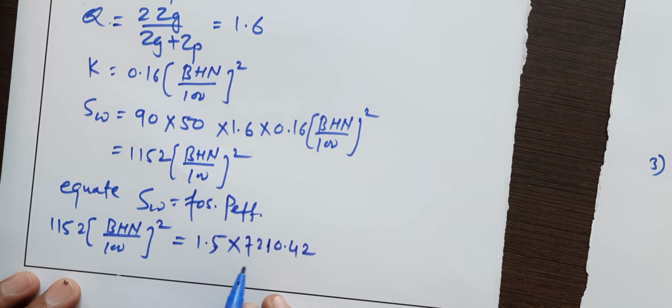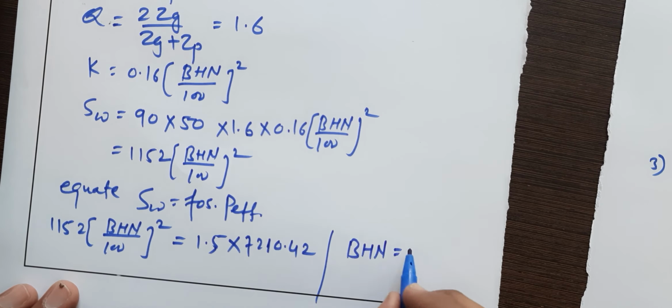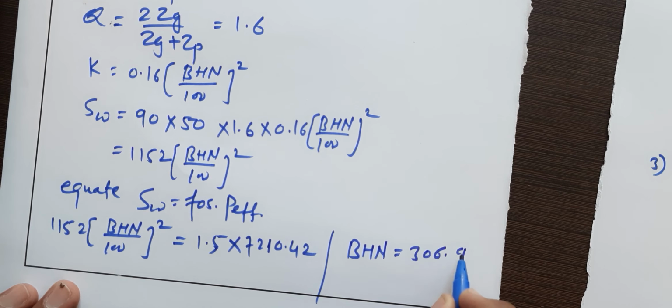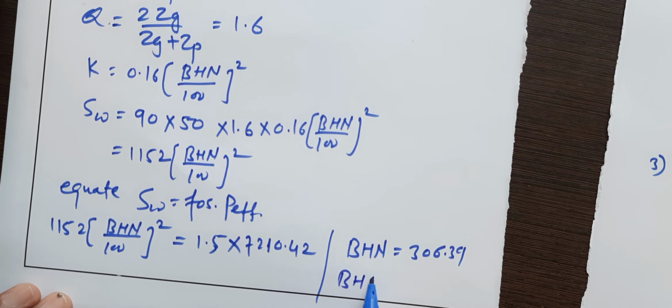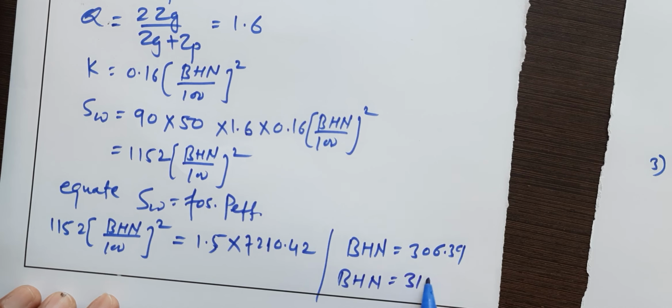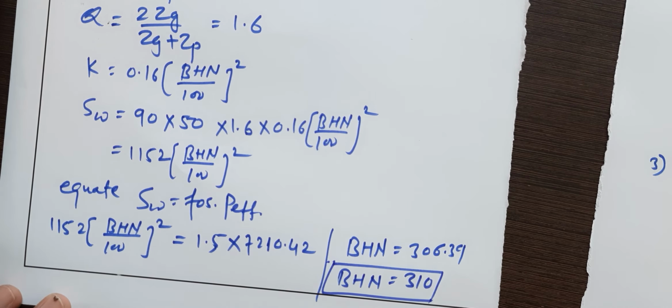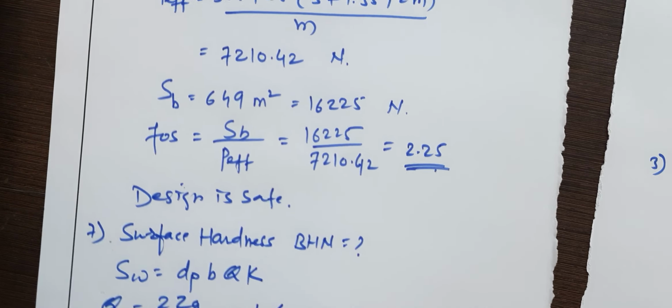Now if we solve it, you will get BHN as 306.39. So you can go for BHN as 310. In this way you have to solve this example. Thank you.